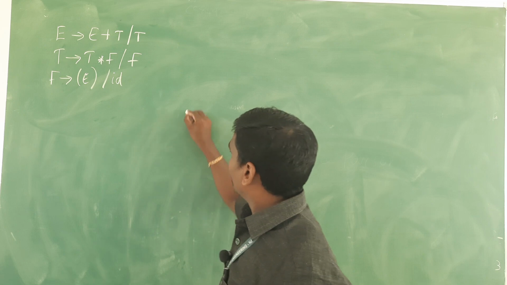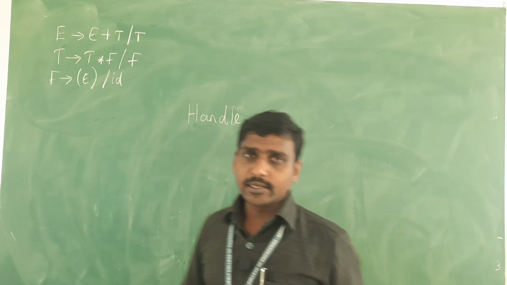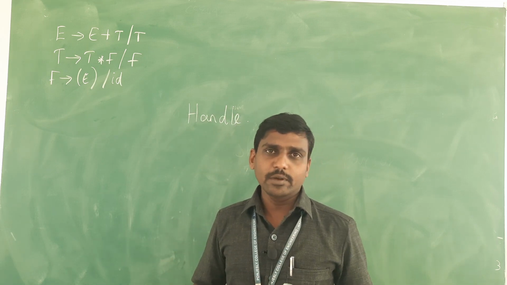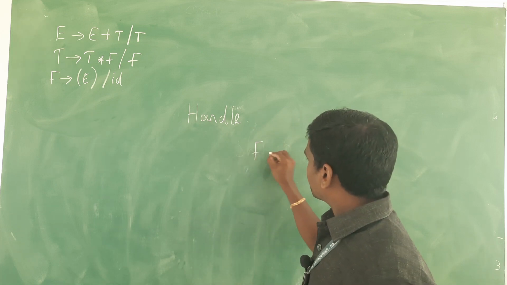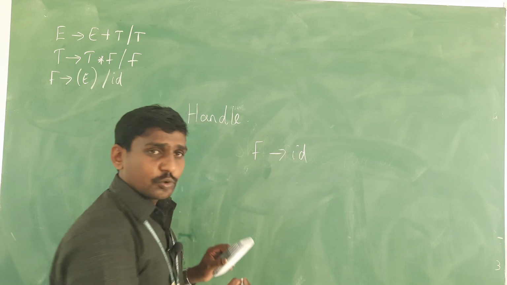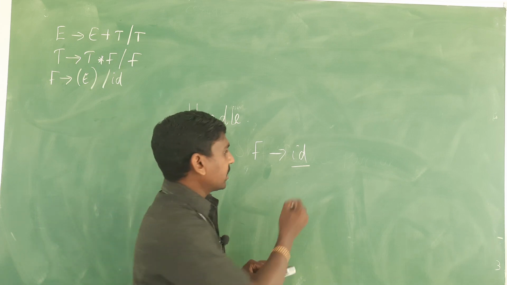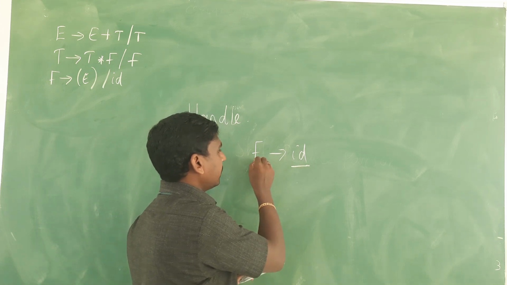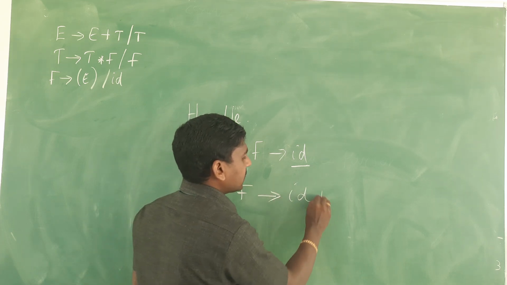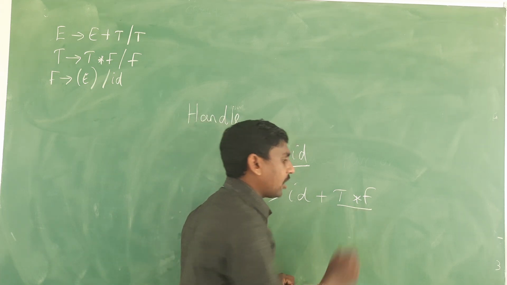Here you have to know the concept called handle. A handle is matching the right side of a production with the left side variable. For example, F tends to ID. If I ask whether ID has a handle, yes, ID has a handle, because I can replace this ID with F. Another example: I ask whether T star F has a handle.